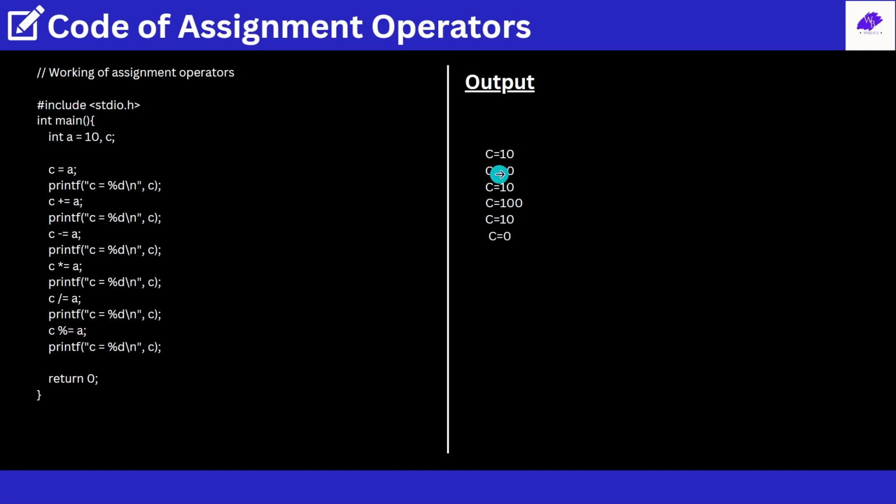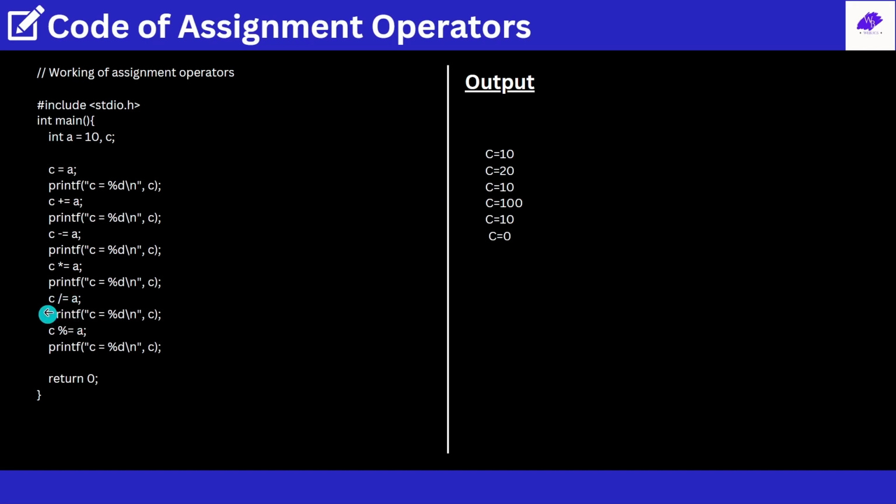So the value of c is 20, and then c minus equal to a is like c is equal to c minus a. Here the value of c is 20, and it will subtract 10 from it, so the value of c becomes 10. And now c multiplied by equal to a, so c into 10 is equal to 100.